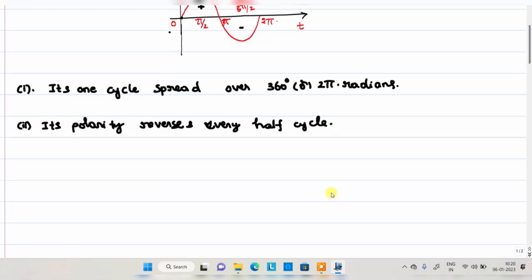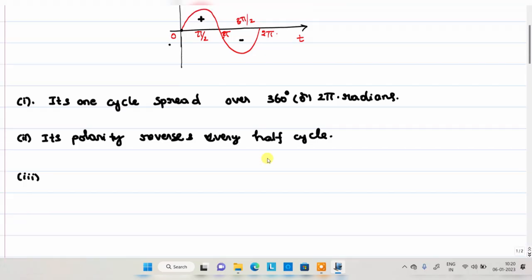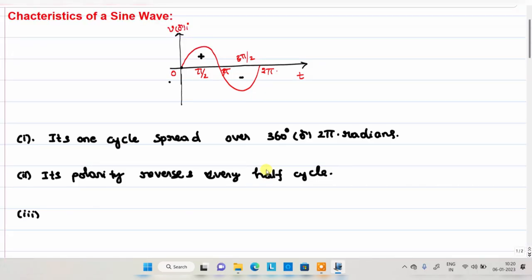Third characteristic, it has a maximum positive at 90 degrees and maximum negative at 270 degrees. Look here. At 90 degrees or pi by 2, we get the maximum, so call it V maximum positive.